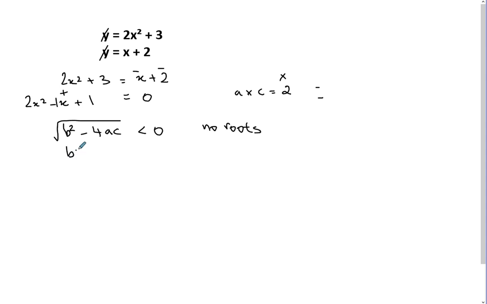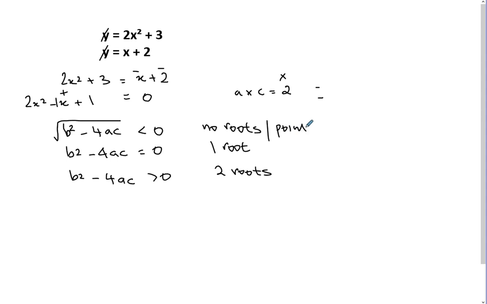If b squared minus 4ac is 0, that means it's going to have one root. And if b squared minus 4ac is greater than 0, it means it's going to have two roots. So for simultaneous equations, if b squared minus 4ac is less than 0, that means it doesn't have a point of intersection.